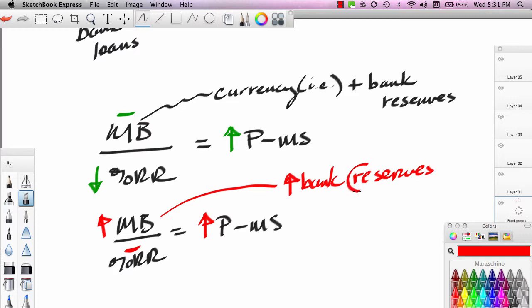Think of reserves like coffee beans. You go, what do you mean? Well, coffee beans are the raw material of making coffee. You can think of reserves as the raw material of making money. With reserves, excess reserves, banks can make what? Banks can make loans, and when these loans are made, there can be an extension of credit.